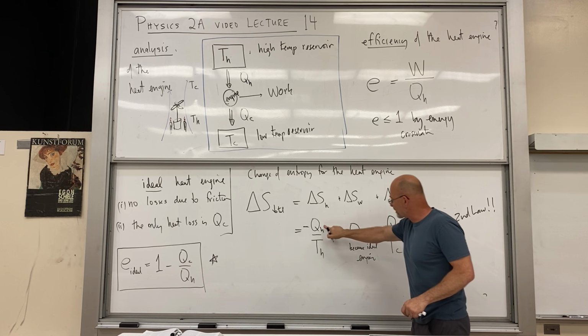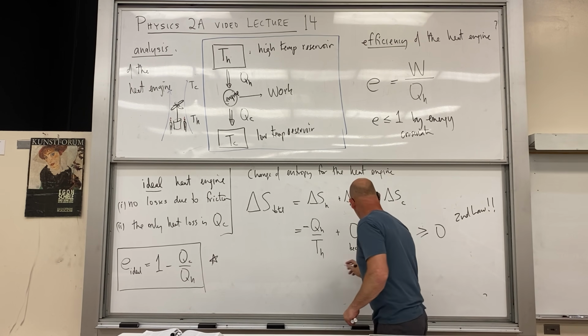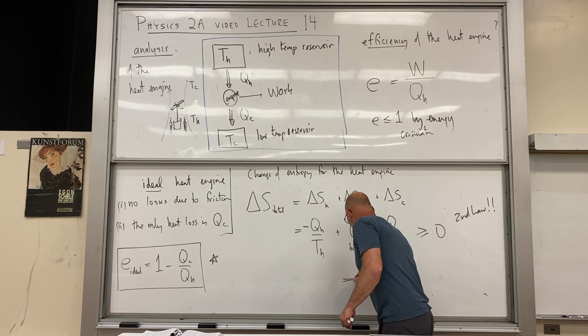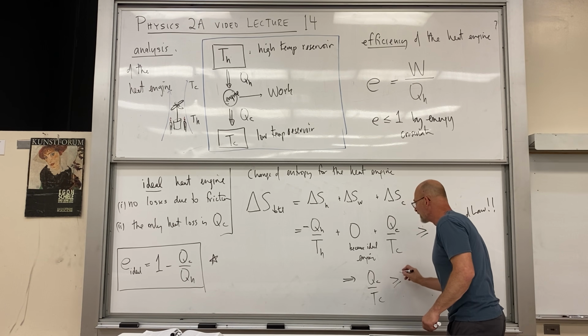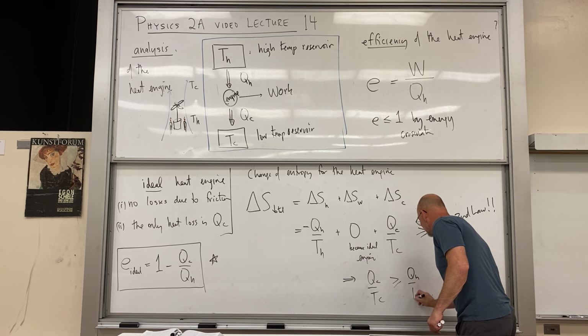Now when I bring this over to the other side, I had to catch that at some point, right? So we're getting QC over TC is greater than or equal to QH over TH.